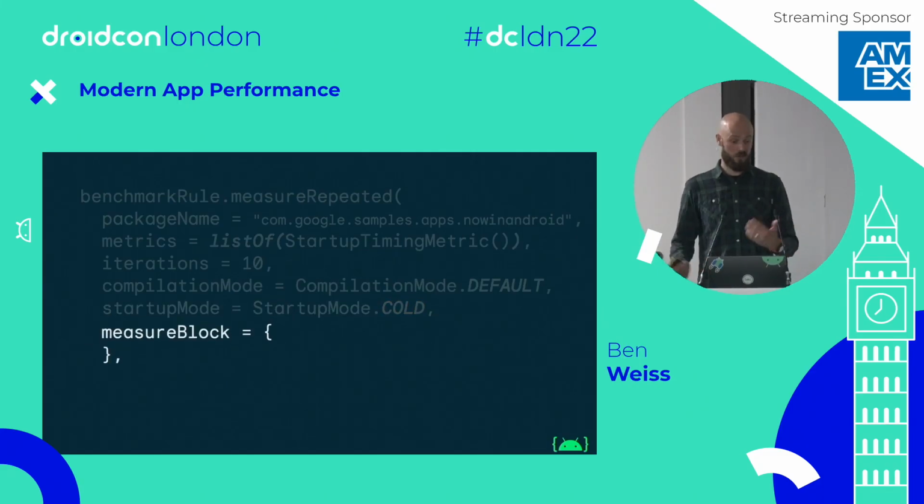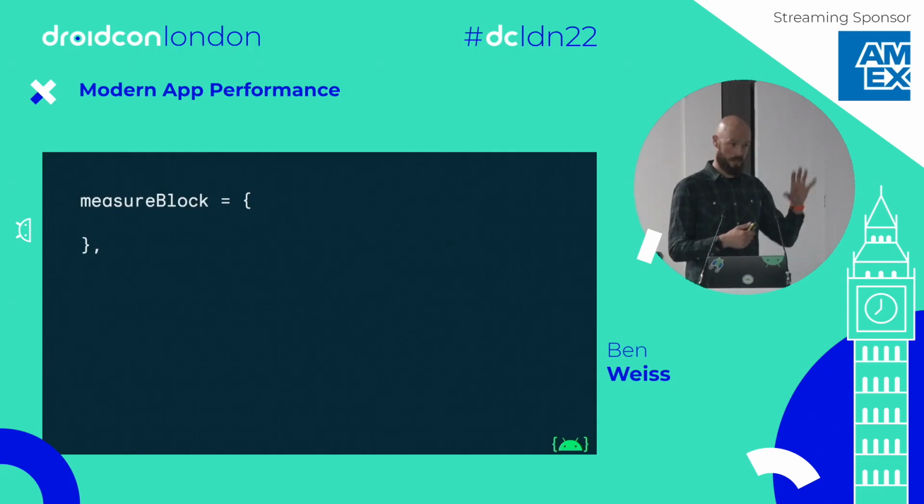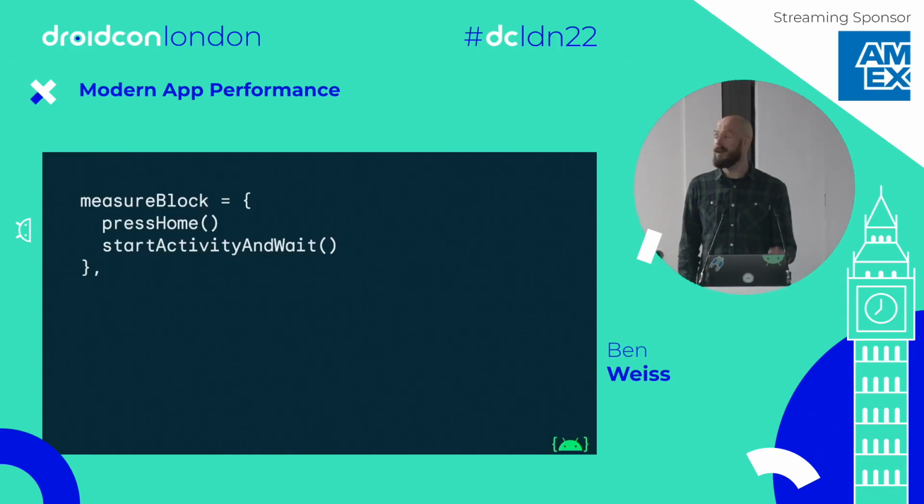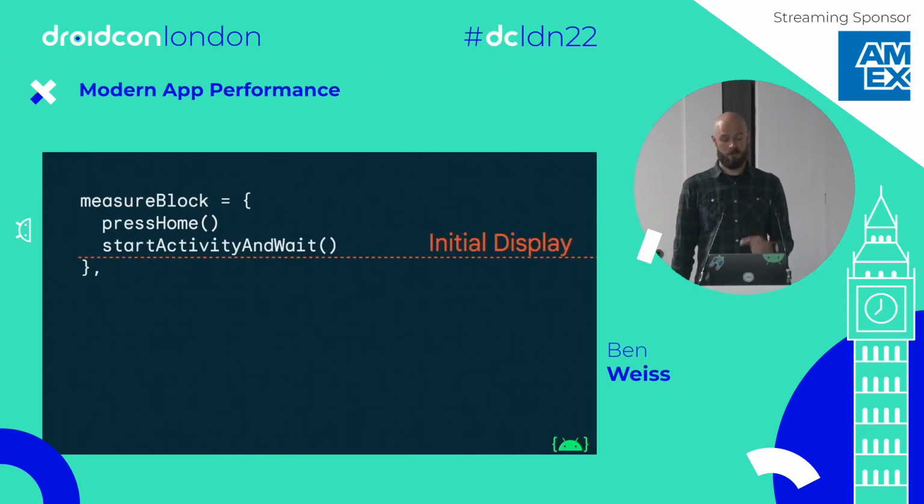And now we just write the code that we want to see. Like the setup is a couple of things, but here you can say, okay, we want to press home, and from the home screen we start the activity and wait. This ends once the first frame is drawn. So this waits until your first frame is drawn. You will get the information for initial display.